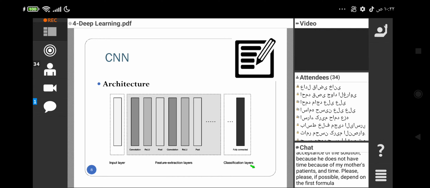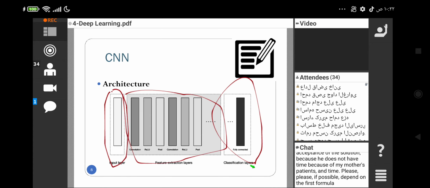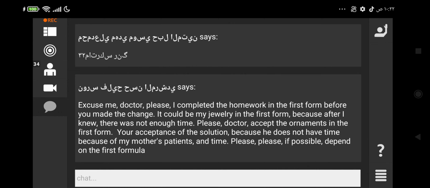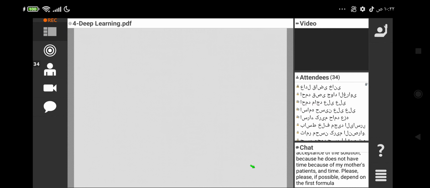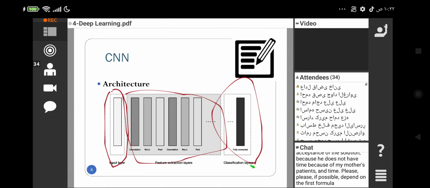Okay, now what do we mean by feature extraction layer, and what do we mean by classification layer? We will talk about this in the next slides.